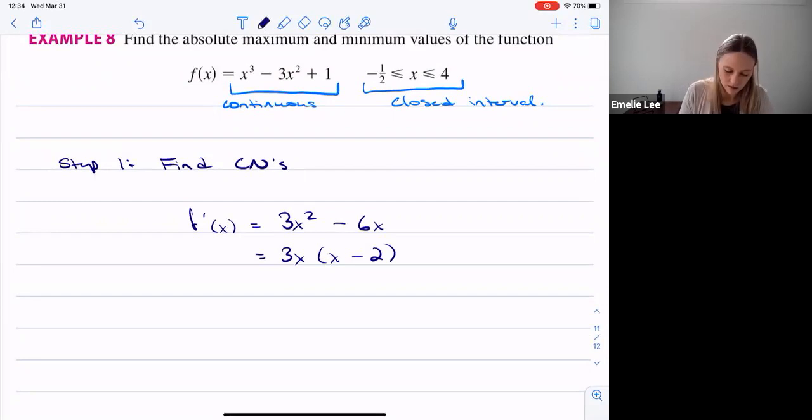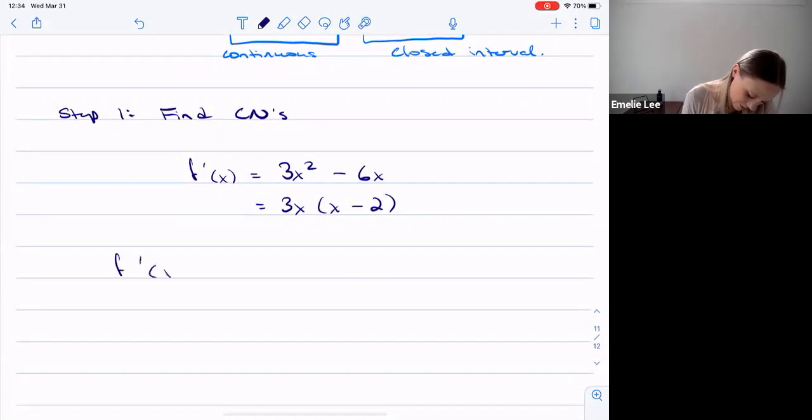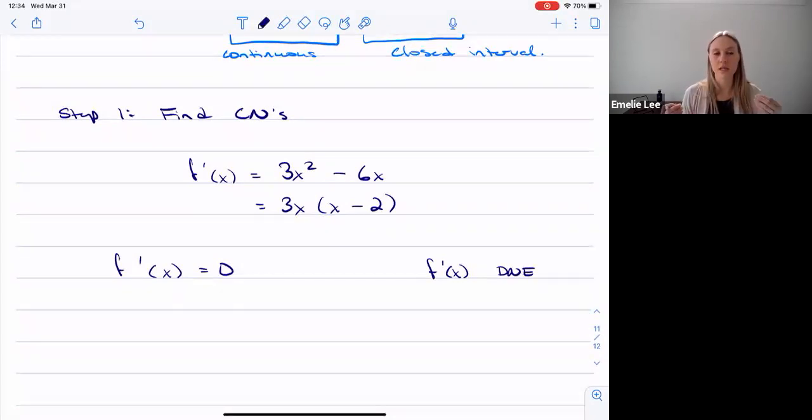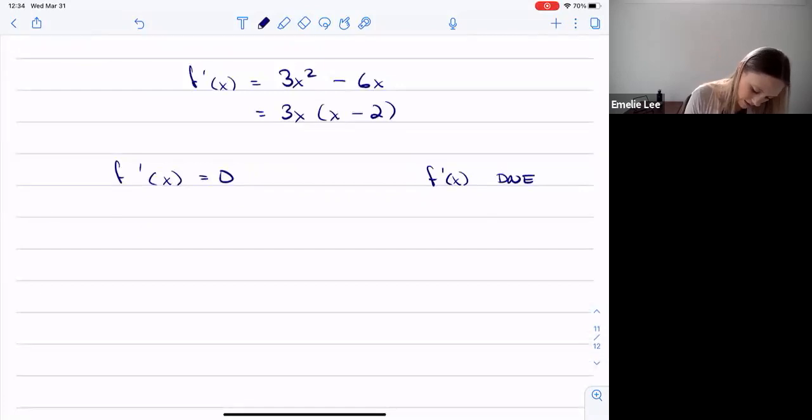The critical numbers are where f prime of x equals 0 or f prime of x does not exist. There's no division, there's no roots, so this is when 3x times x minus 2 equals 0.